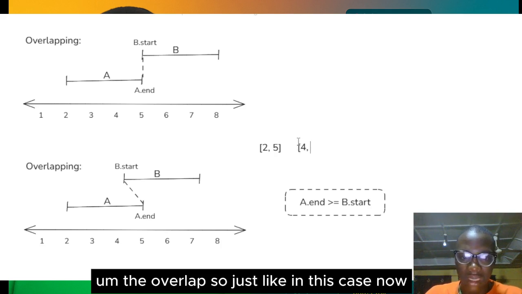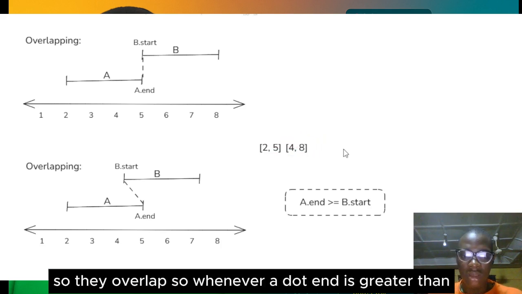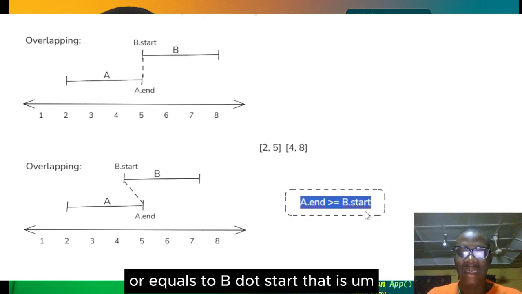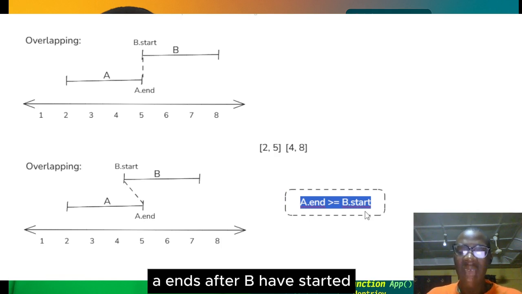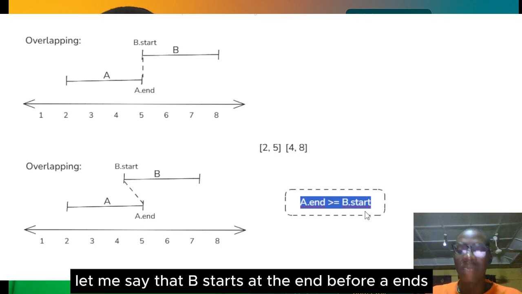Just like in this case, where we have 2 to 5 and 4 to 8, they overlap. So whenever A dot end is greater than or equals to B dot start, that is, A ends after B has started or at the point whereby B starts. Let me say that B starts before A ends.